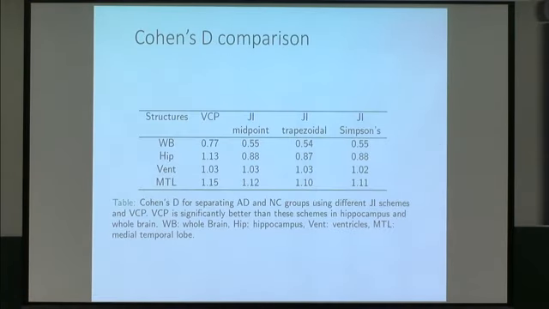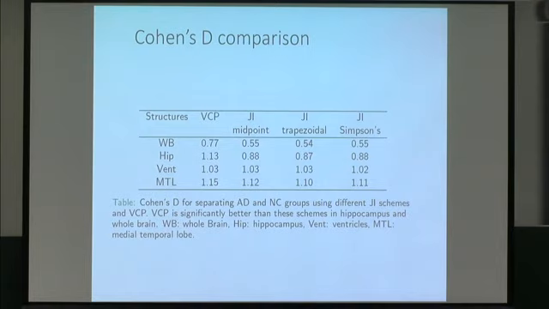So yes, VCP. This is just numerical integration of the Jacobian. And these are different ways of doing the numerical integration based on the midpoint, trapezoidal rule, or Simpson's rule. Simpson's rule is normally considered the most precise way of doing it.